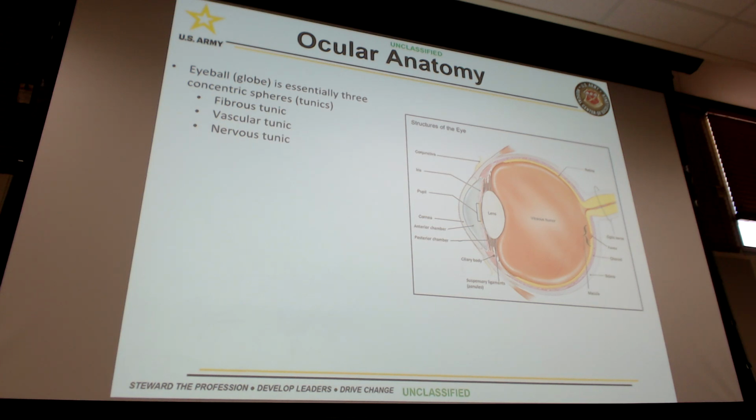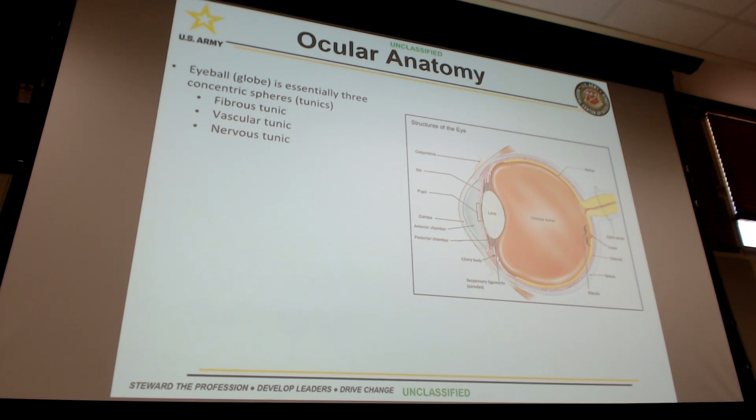And then we have the vascular tunic. Okay? Pretty self-explanatory. That contains the blood supply to the eye. So there are a few structures inside of the eye. There's the ciliary muscle, which allows your lens to constrict and see things up close. There's the choroid, which supplies blood to the retina.